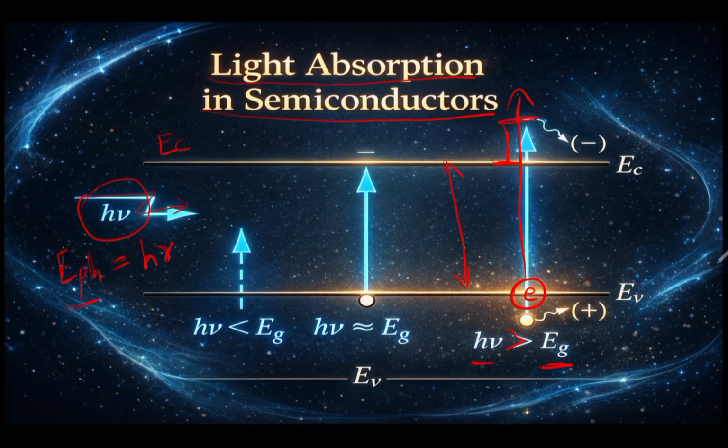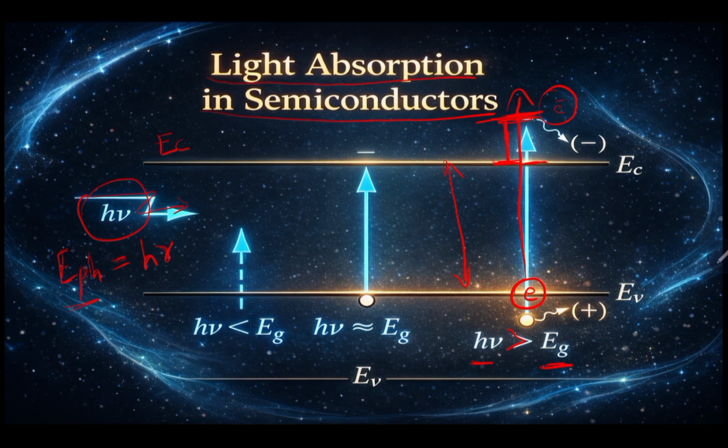At this point, the electron's stability, or lifetime, is lower than at the conduction band edge.